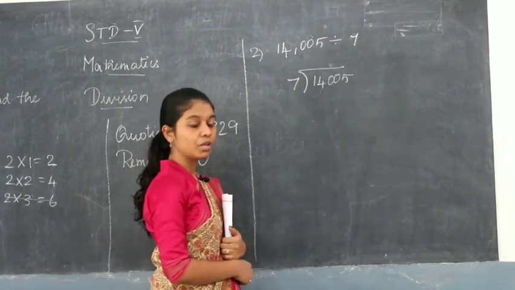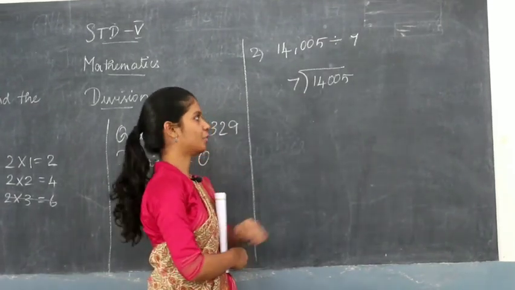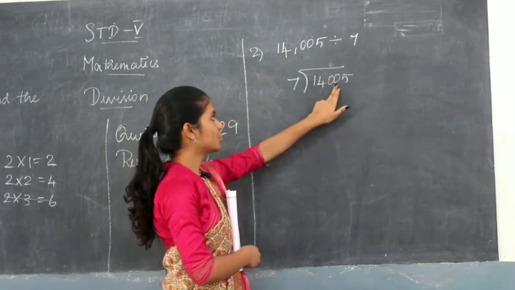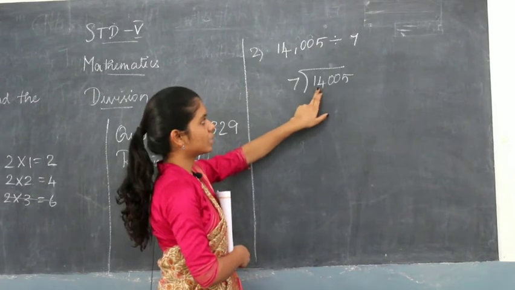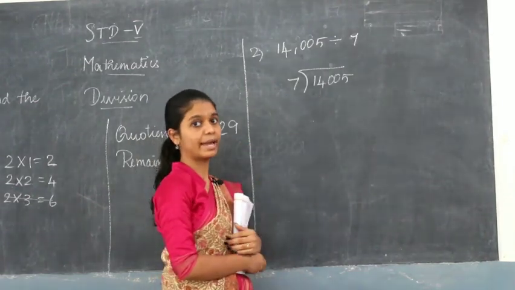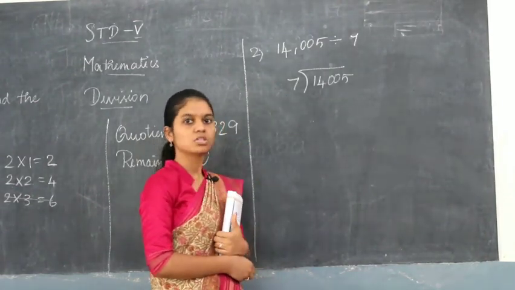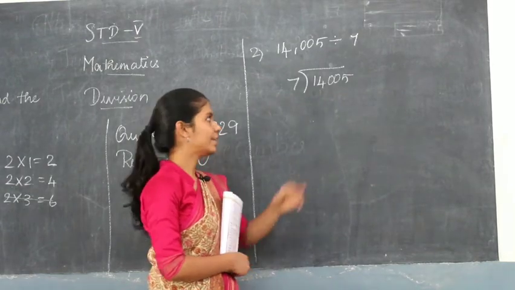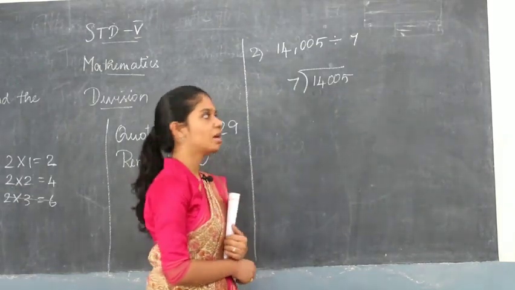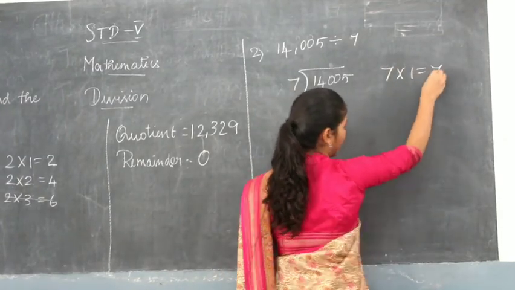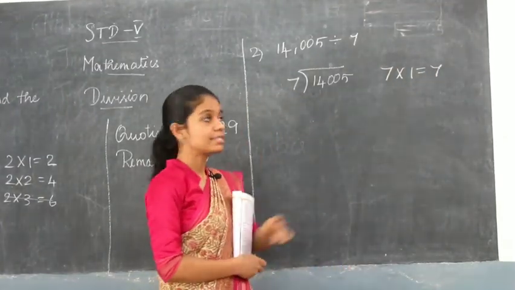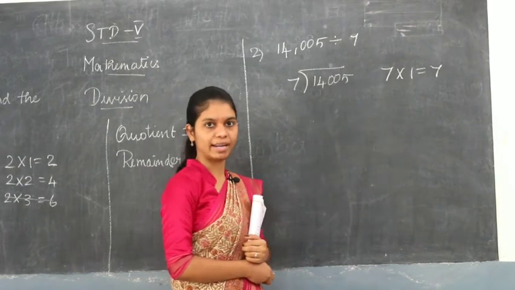Now what you should do? You should look at the highest place value number. Here: units, tens, hundreds, thousands and ten thousands. So 10,000 is the highest place value. You should start telling the 7 table till you get 1. 7 ones are 7. 7 is greater than 1, right?